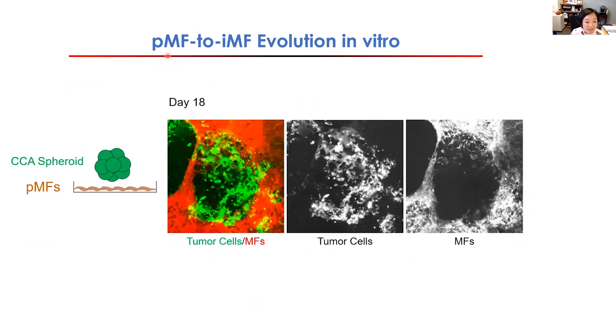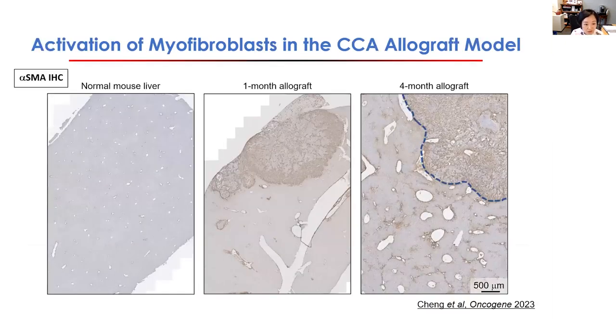So there's a PMF to IMF evolution, we call it, or change, in vitro in our co-culture system. So again, this tumor MF interaction is highly dynamic. And this is also modeled in vivo, as I have shown you before.